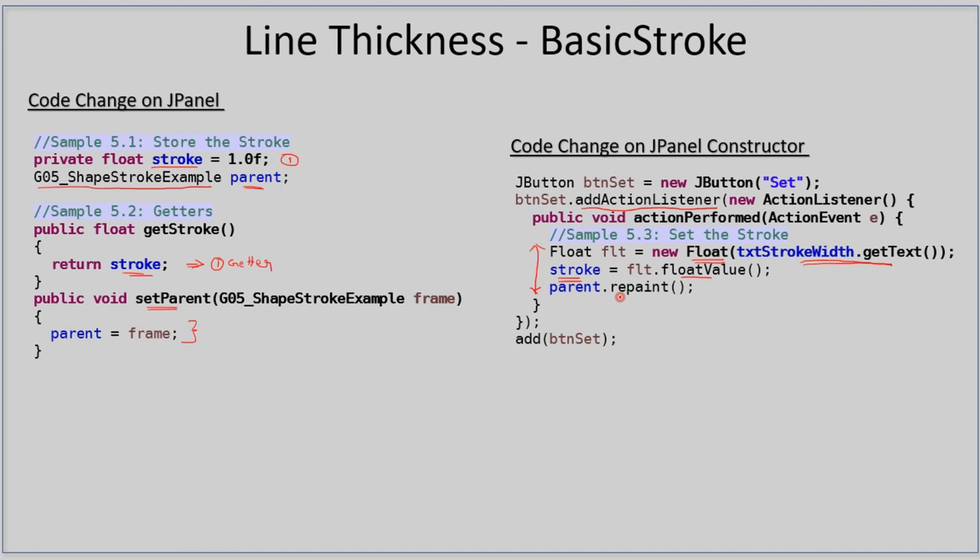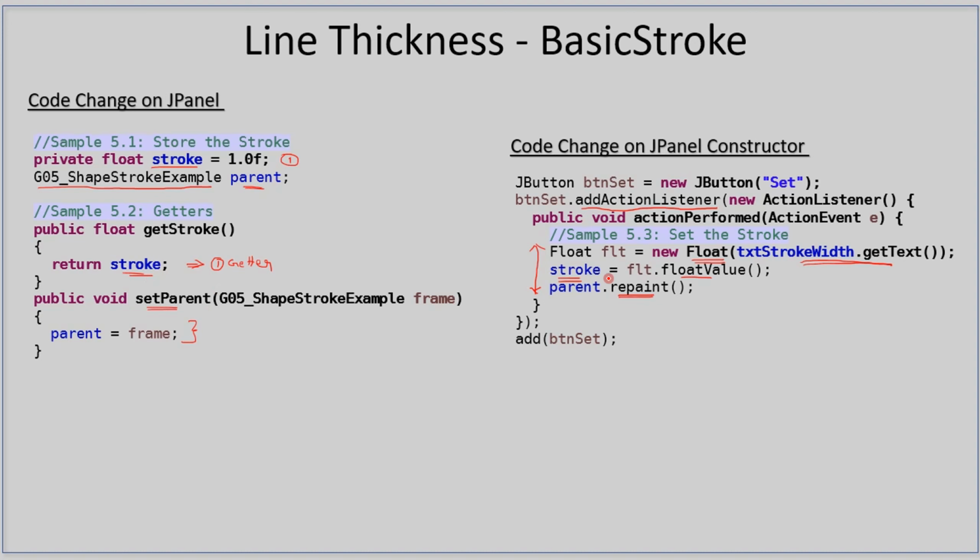After that, we make a call to repaint. Here, repaint is called on the parent. So here, parent is actually the frame, which is not yet defined. So in the frame code, we will pass the instance of the frame window after constructing this JPanel. After constructing the JPanel, we will make a call to set parent and we will supply the frame window.